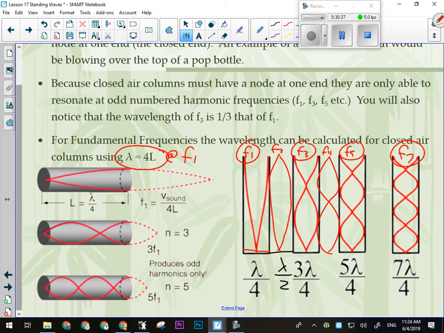Okay, then I think what we will do is we'll leave it at that for today. I'll talk about open air columns tomorrow. Right? Next week, Monday and Tuesday, we'll be doing lab activities. They will not be handed in for marks. Okay, they'll just be ones we do in class.